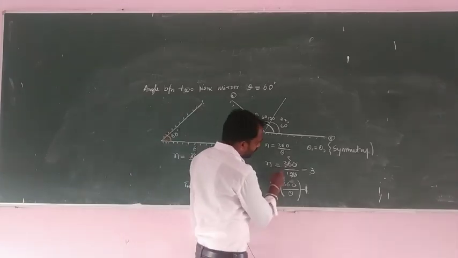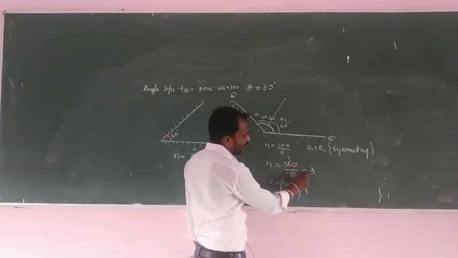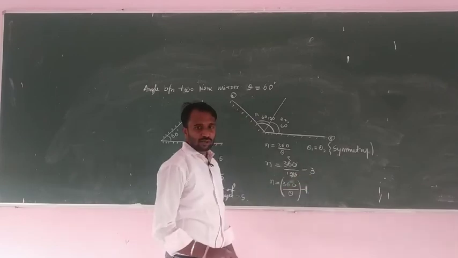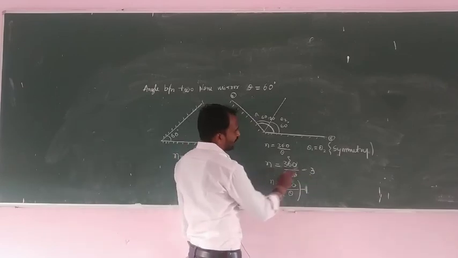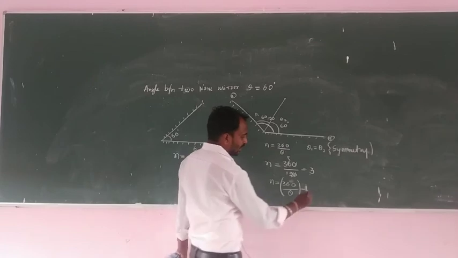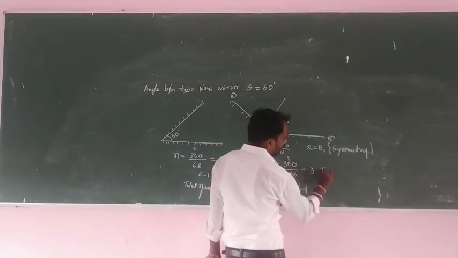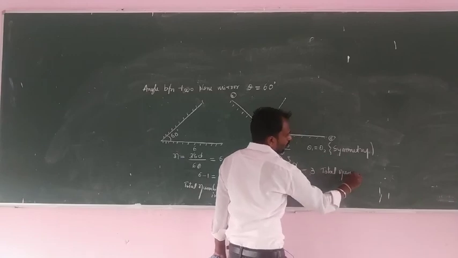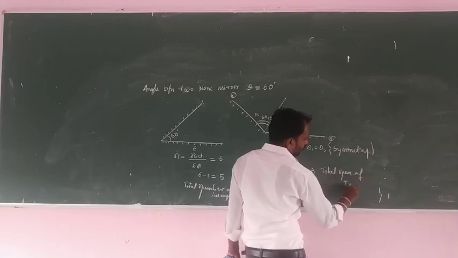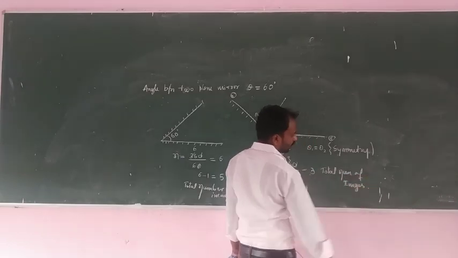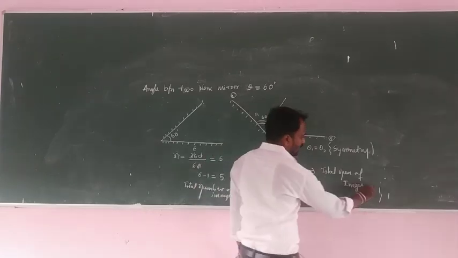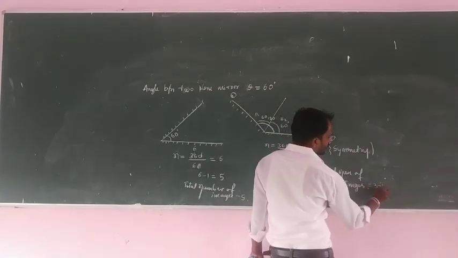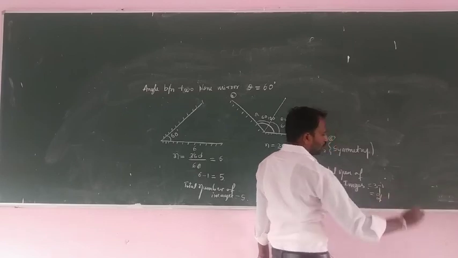So 360 divided by theta gives 3, an odd number, and our condition is symmetric. So the total number of images is 3 minus 1, which means only 2.